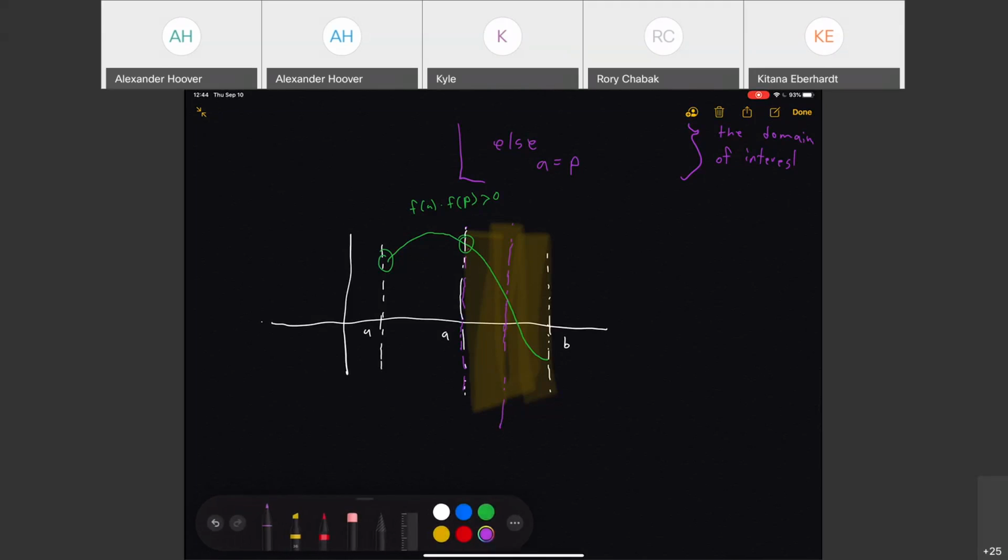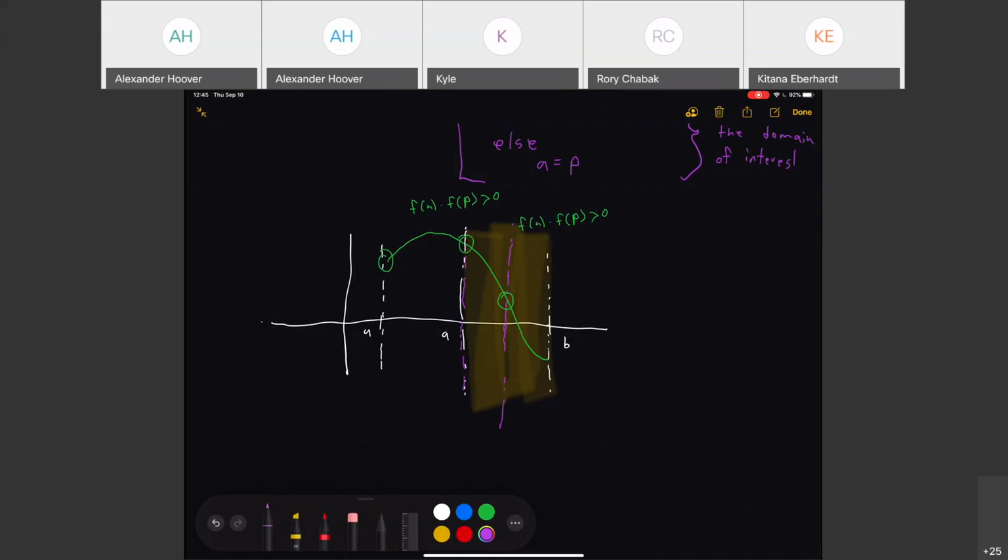Again, we have a point P that is positive, so we can also say that f of A times f of P is greater than 0.